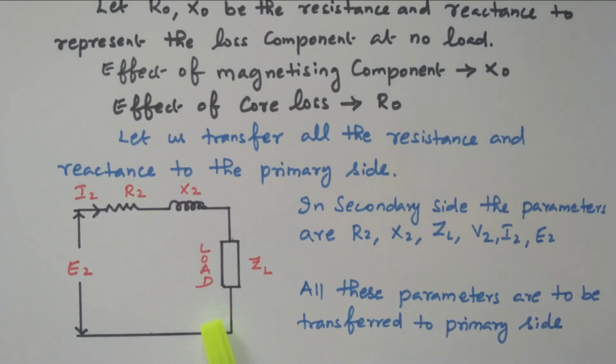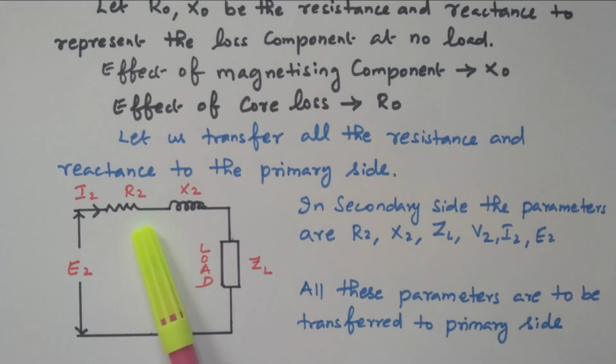While transferring to the primary side, we need to find the equivalent expression. We cannot transfer as it is. When R2 is available in the secondary, while transferring to the primary we need to find the equivalent expression, because the effect of R2 in the secondary should be the same as in the primary. The effect should not change.